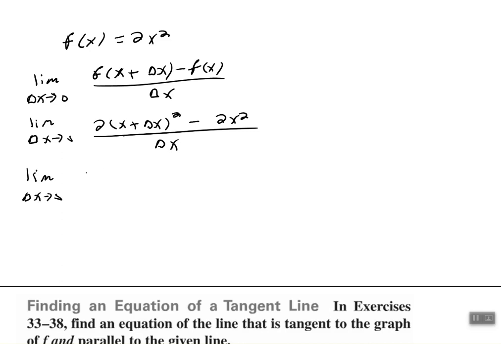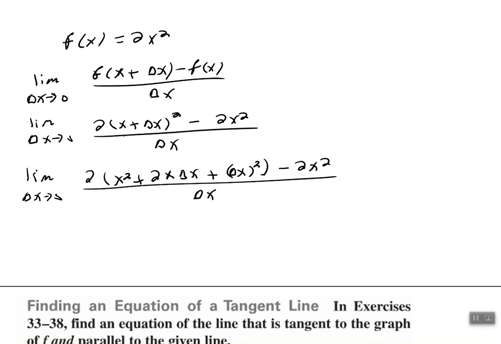So let's see here. So we have x squared plus 2x times delta x plus delta x squared minus 2x squared all over delta x. All right.